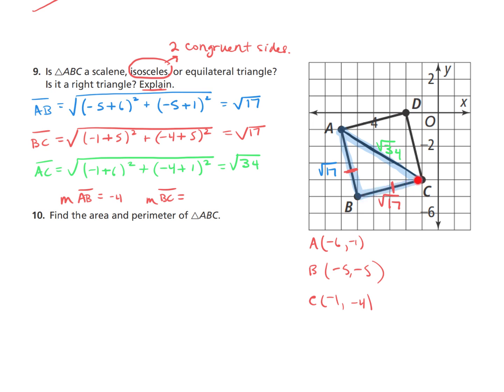Well, I can see it's a positive slope, so starting on the left, we're rising 1, and we're running 1, 2, 3, 4. So we're rising 1 and running 4, so 1 over 4. These two slopes are opposite reciprocals of each other, so that means that yes, this is a right triangle.